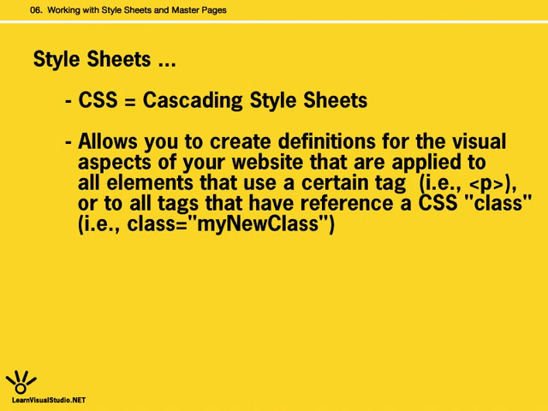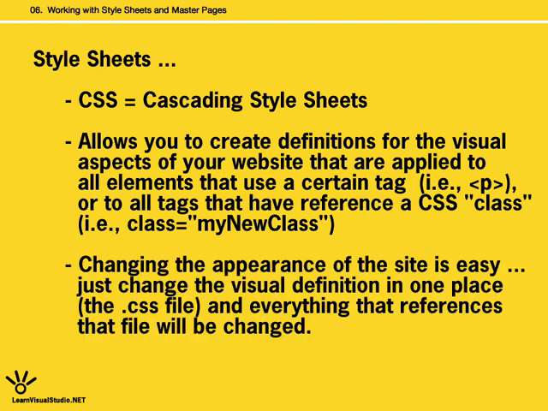In myNewClass, you might set the font to Arial, set the size to something large, like a 3 or 4, set the color to black and set the bold property, and so on. And so whenever you add this class of myNewClass to a given element, whether it's contained within a div tag, a paragraph tag, or whatever the case might be, it will take on those visual elements.